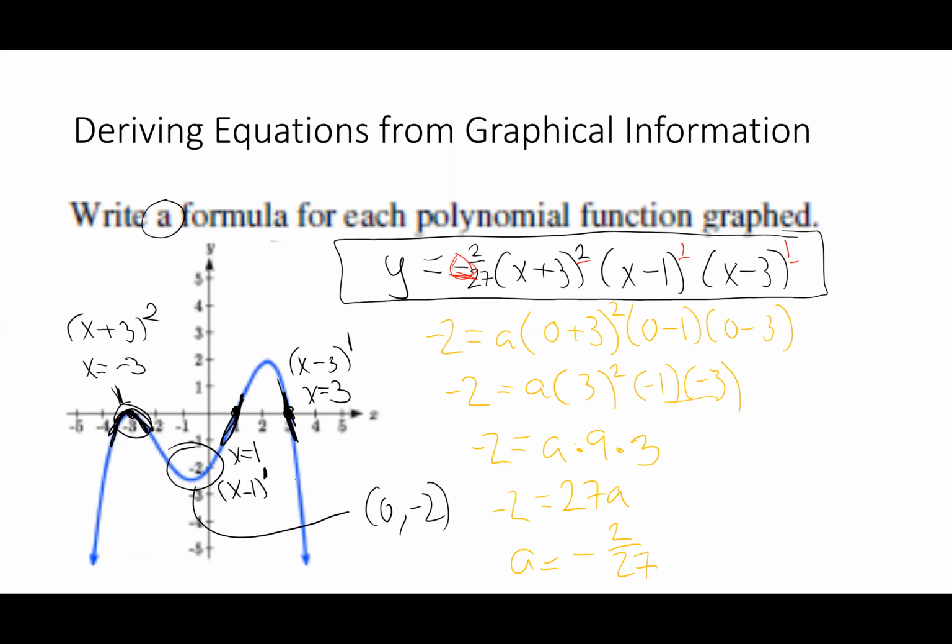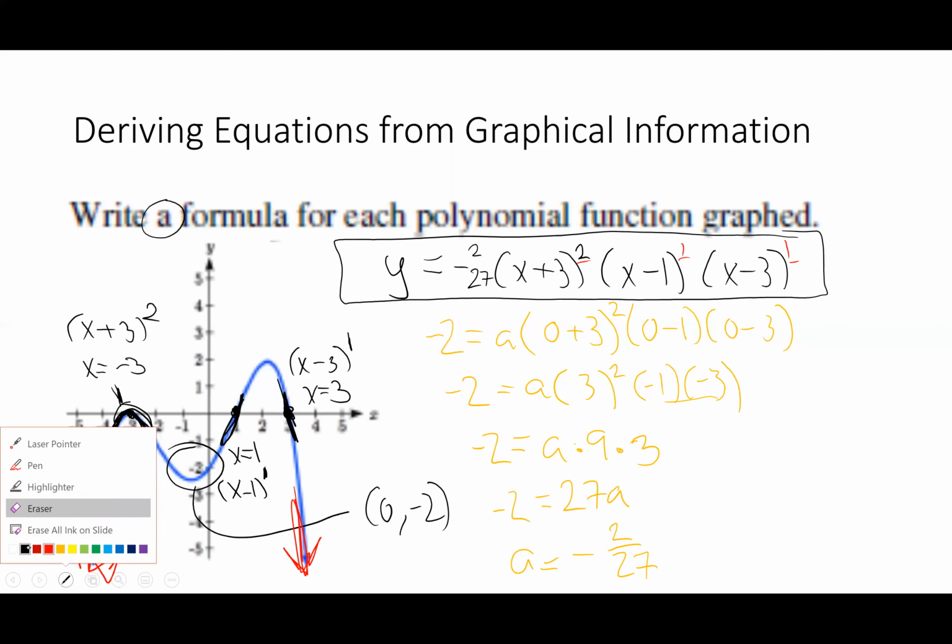Since this leading coefficient is negative, it makes sense that both arrows are going down. So using information from 3.1, you see that we're going to be circling back to that almost every place we move in this chapter. So it's really important that you have your vocabulary down for that. And that's 3.3.